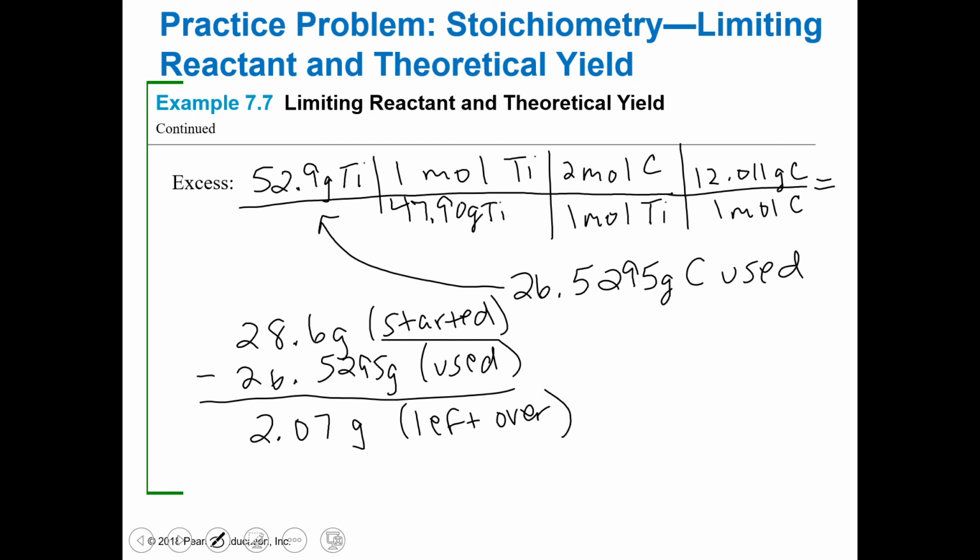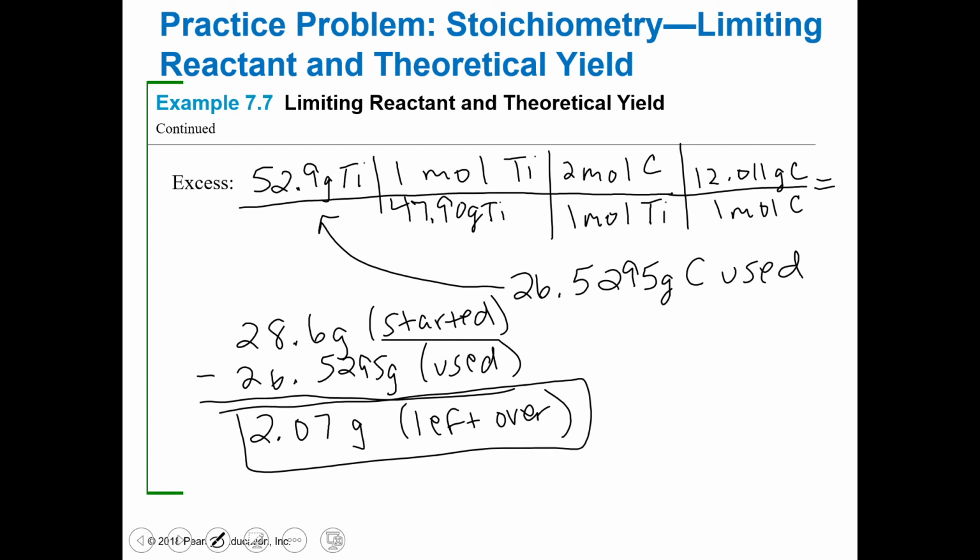Now, what this means is, of the 28.6 grams of carbon that I started with, I had to use 26.5295 grams of it to make the titanium. And so that means I have 2.07 grams left over. So this is the amount in excess.